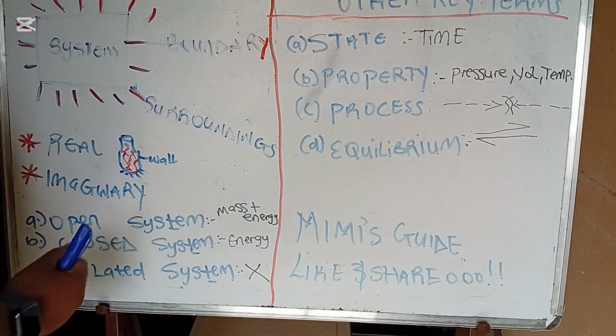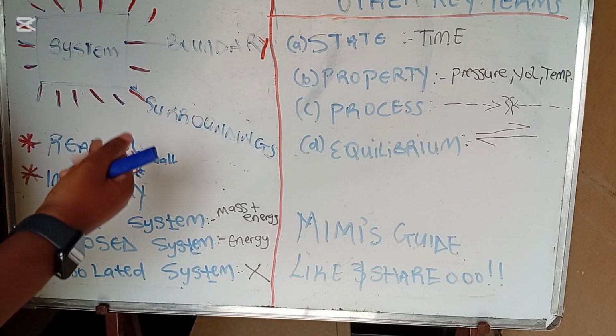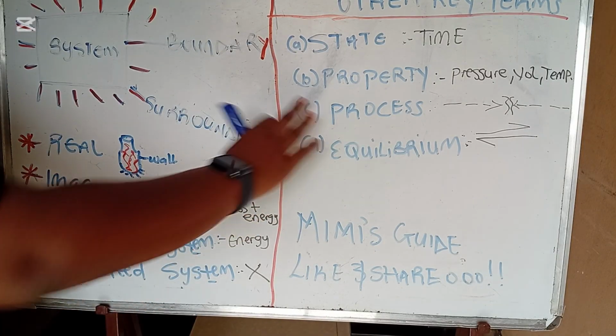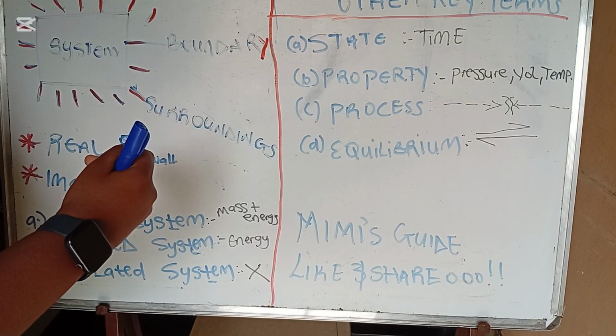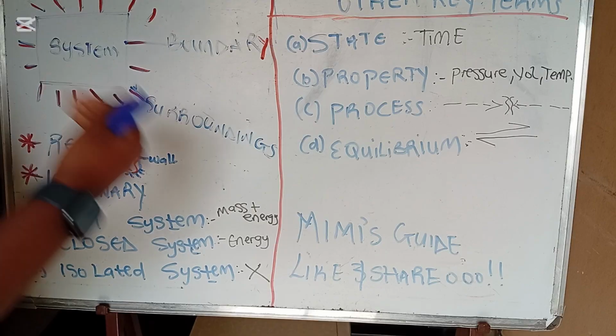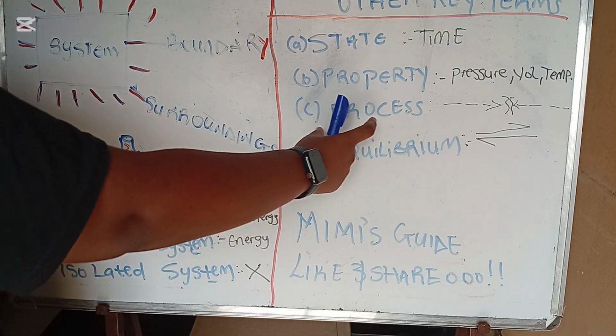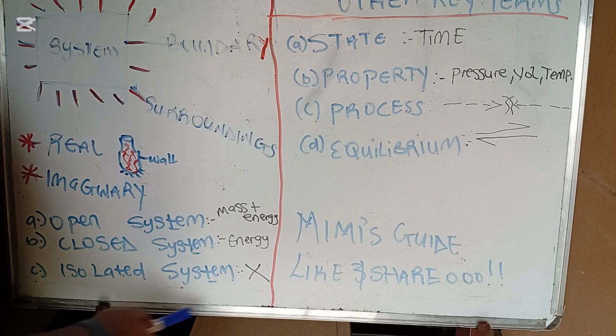Let's take for example the three states of matter, which are solid, liquid and gas. The part in which solid transforms into liquid, that is what we know as process.